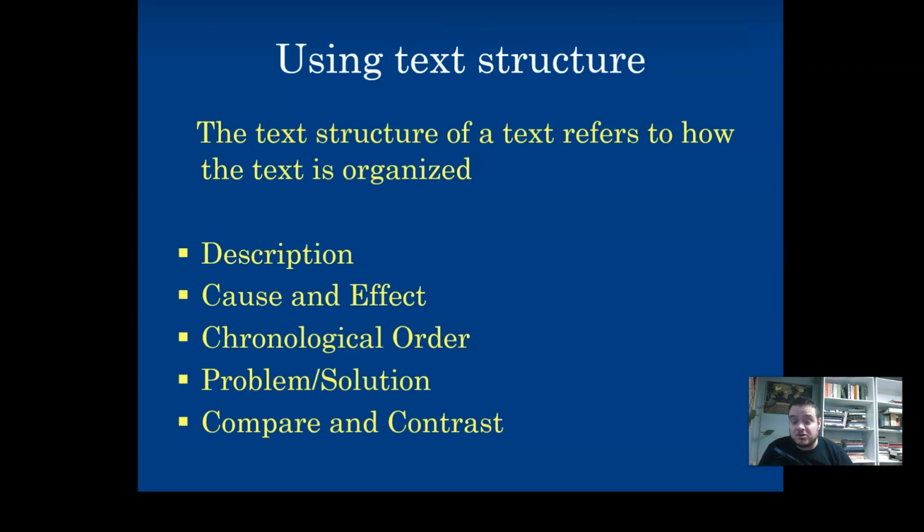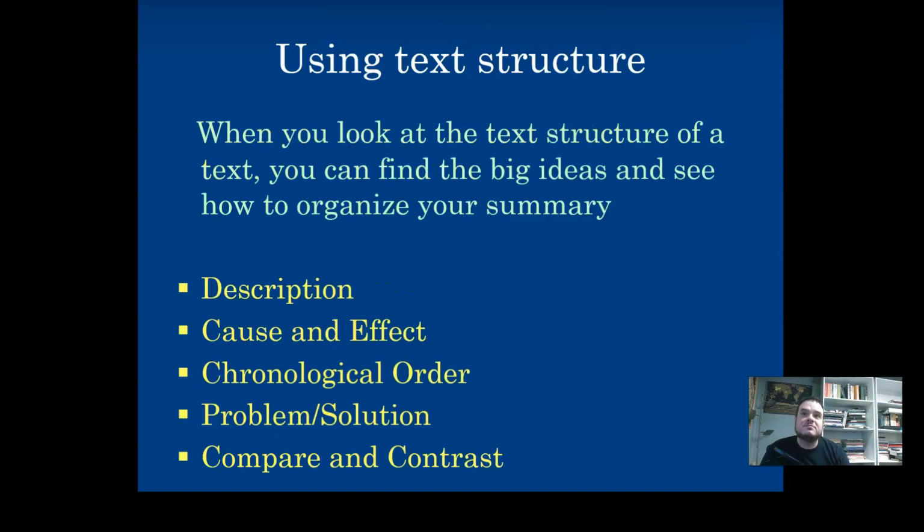If it's in chronological order, that's the order of events in time, you should write it in chronological order. If it is a problem and solution, it proposes a problem and offers a solution, you should also summarize it as a problem and a solution. And if it's a compare and contrast, you should compare and then contrast, or however it's structured, should be mirrored in your summary.